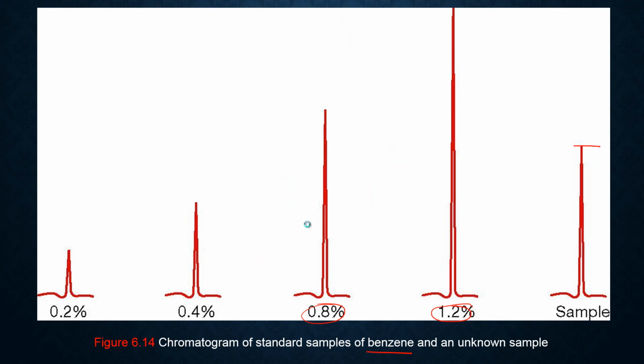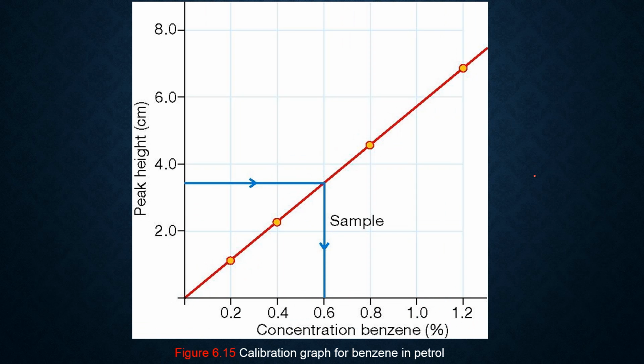And then you can take the peak height of your unknown component in your sample, match it on the y-axis, go across to the regression line, this red regression line, because you'll always get a linear relationship, and then you go down to your x-axis and you can work out the concentration of the component that you're concerned with. In this case it's benzene. So we can use gas chromatography columns as well as HPLC columns for quantitative purposes as well.